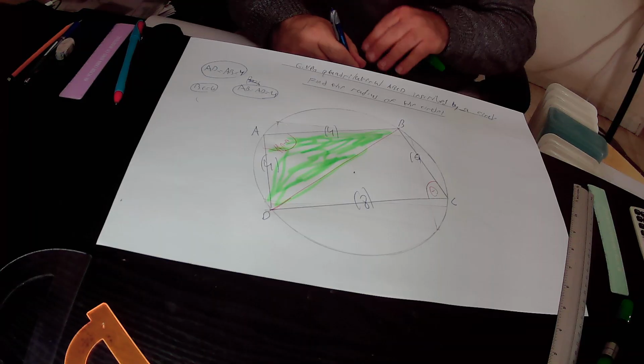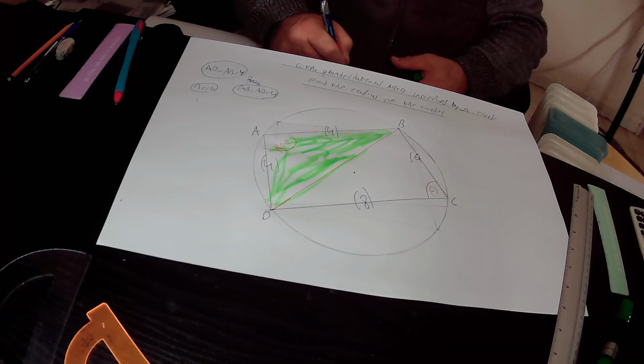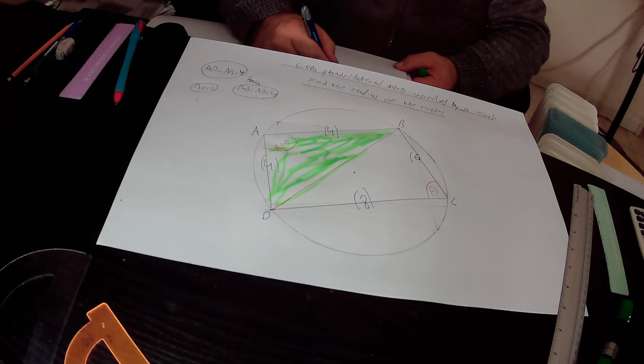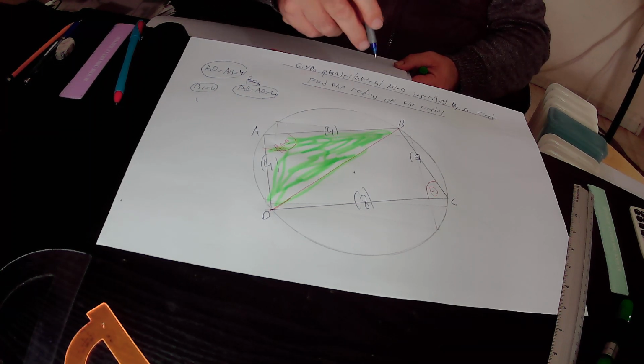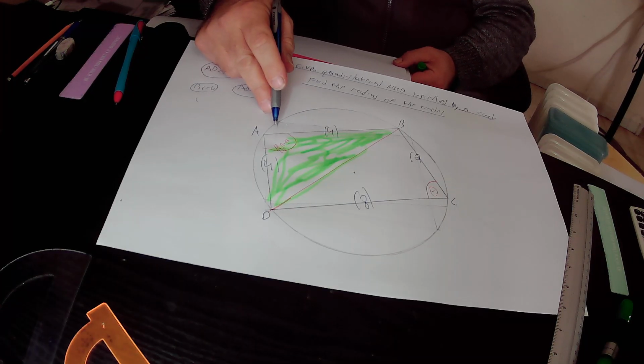BD squared equals AB squared plus AD squared minus 2 times AB times AD times cosine of 180 degrees minus theta.